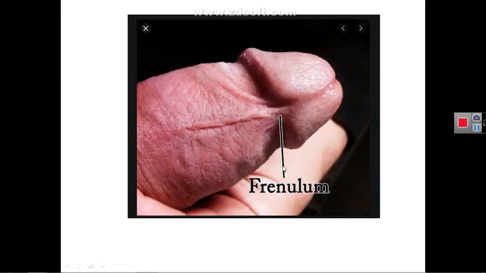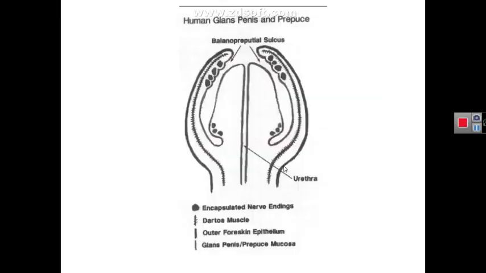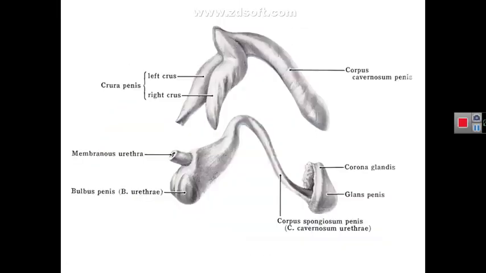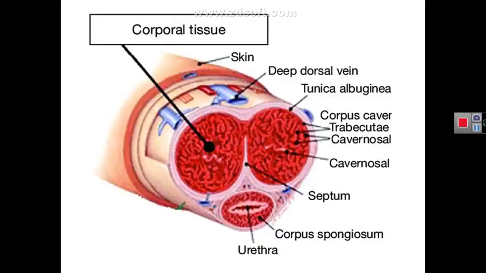And the other point is that you can see that the anterior ends of the corpora cavernosa are conical, and they are covered by the glans penis. The enlargement of the corpus spongiosum that forms the glans penis covers the conical ends of the corpora cavernosa.